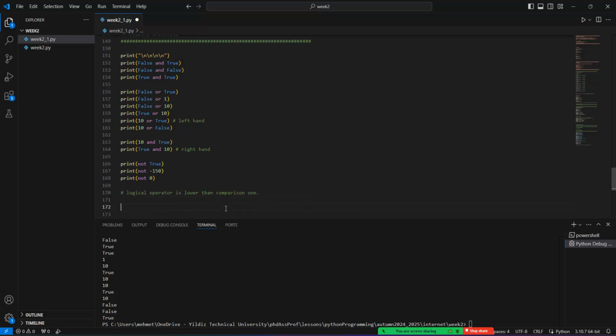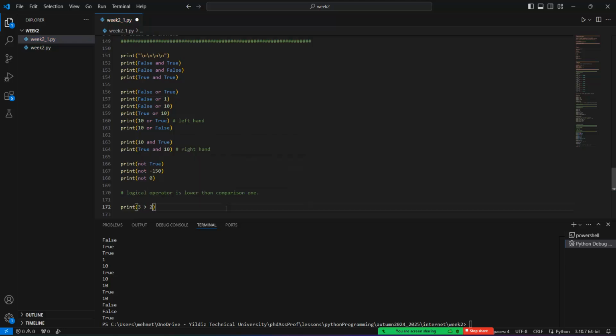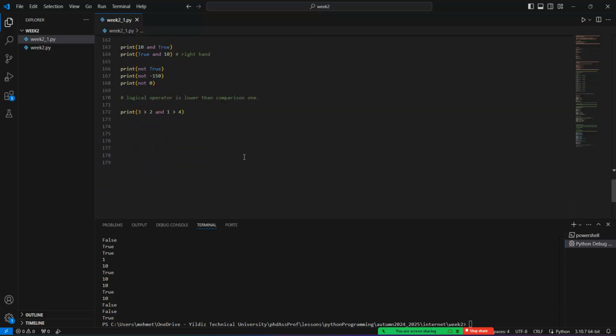Just remember that. For example, print 3 greater than 2 and 1 greater than 4. What's the output of this code? It must be false. No, it's false, Mustafa.